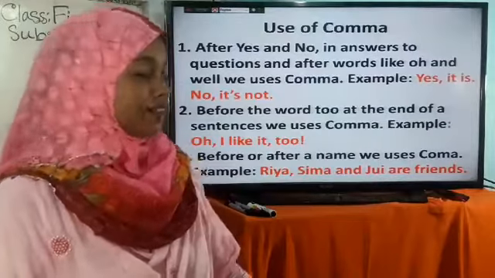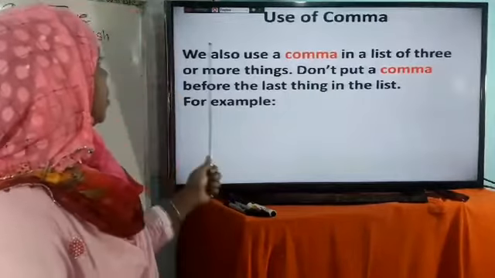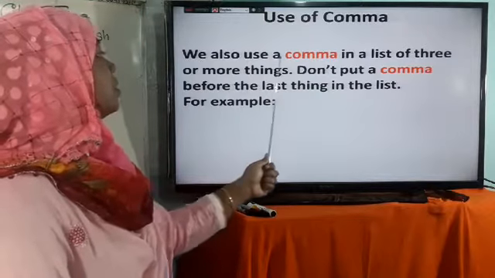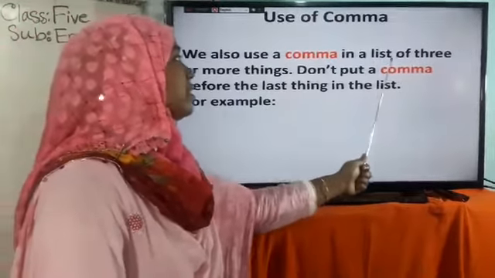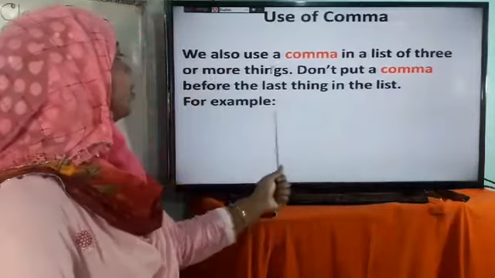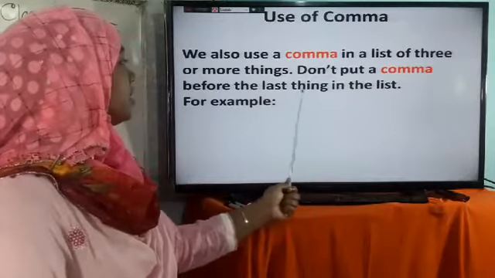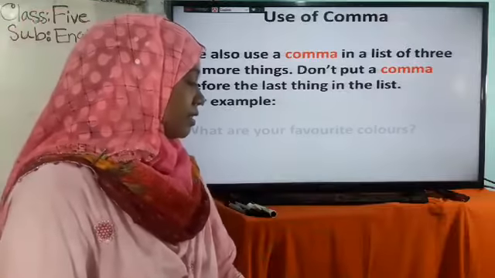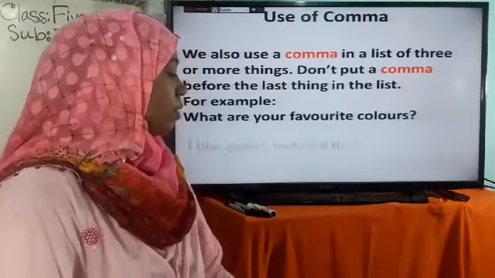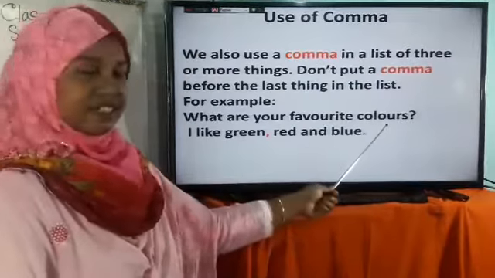I have another use of comma. We also use a comma in a list of 3 or more things. Don't put a comma before the last thing in the list. For example, what are your favorite colors?